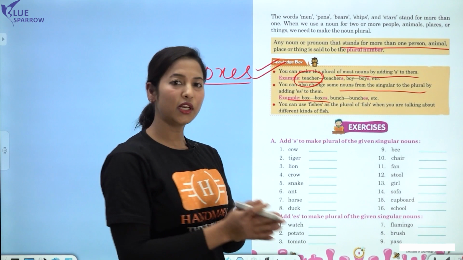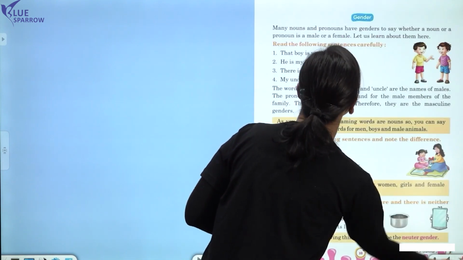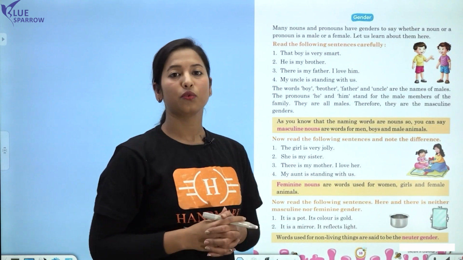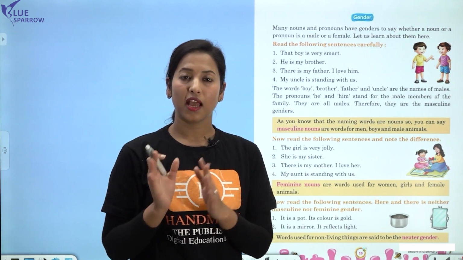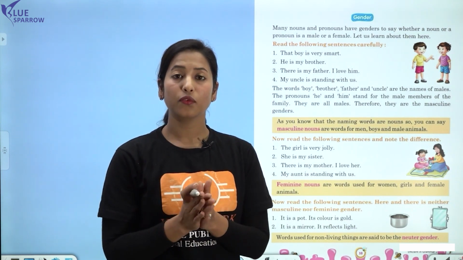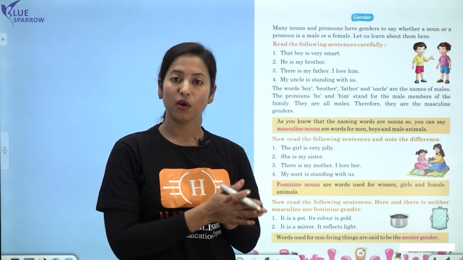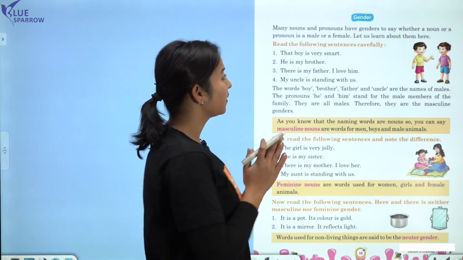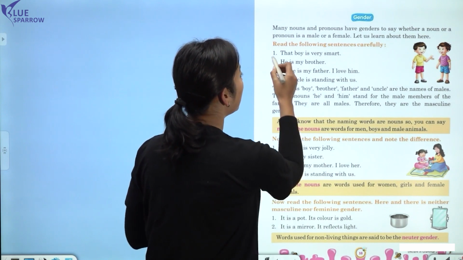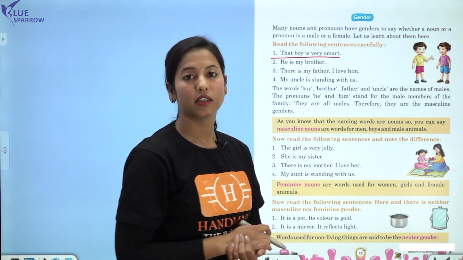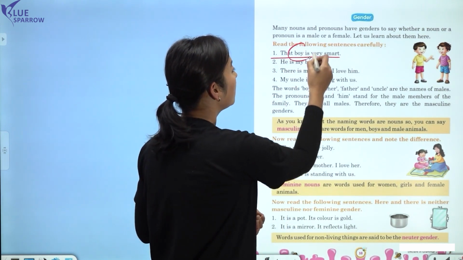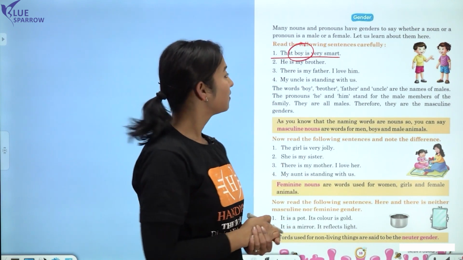Now let's learn about gender. So students, many nouns and pronouns have genders to specify whether they are male or female. For example, that boy is very smart. So here boy is a male.